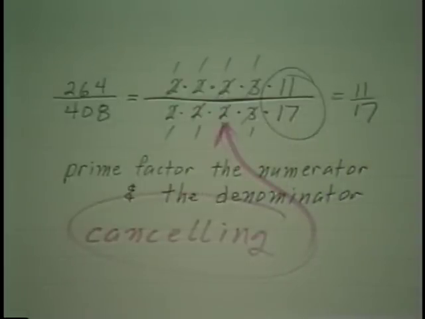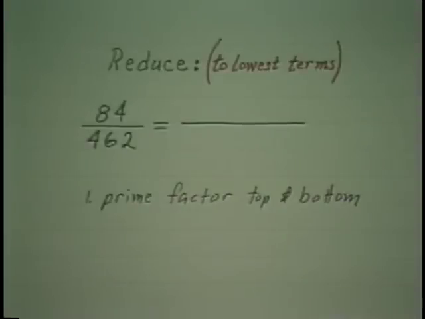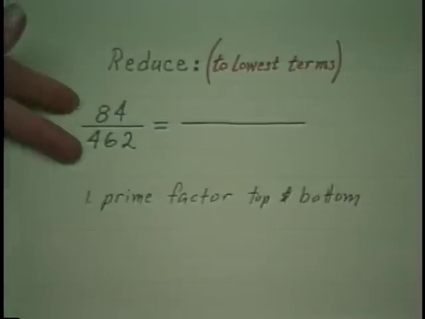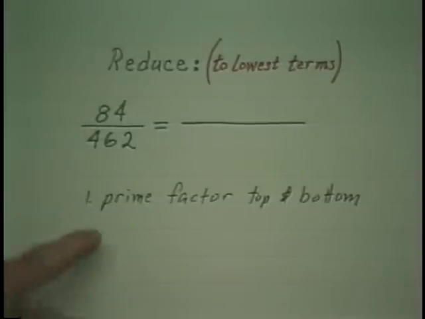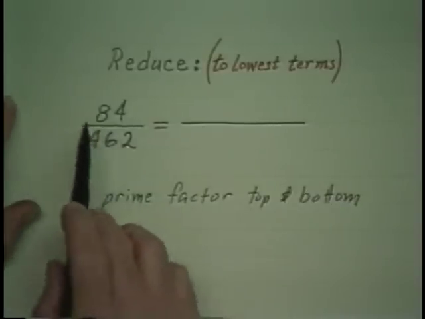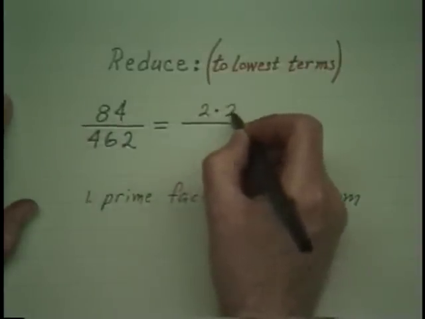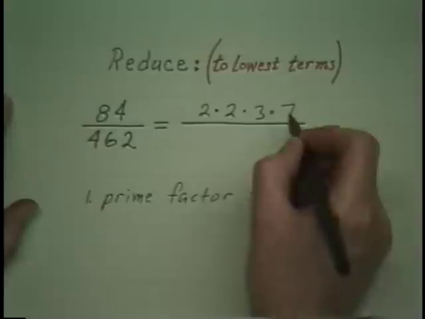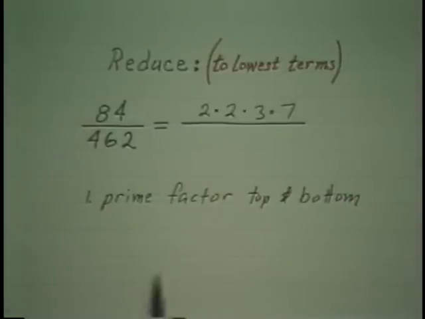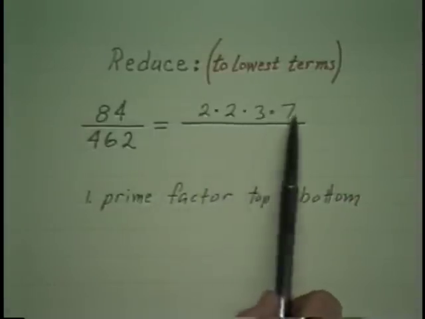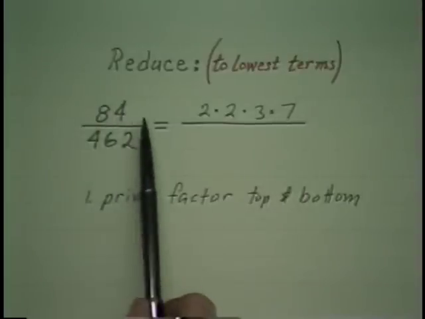Let's pick one example. Let's reduce this fraction to lowest term not by dividing top and bottom, but by prime factoring top and bottom first. So if I were to prime factor the top, that is 2 times 2 times 3 times 7. Now we could verify this by simply multiplying this and finding that it comes out to be this.